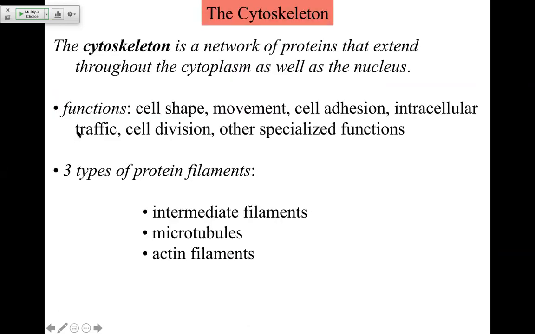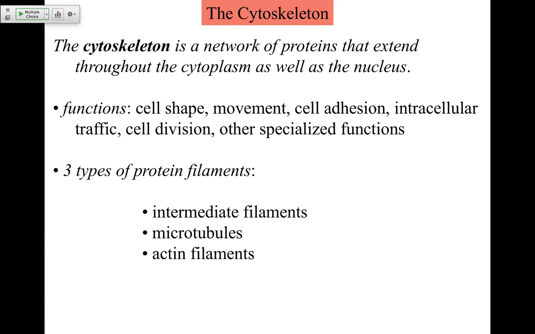As a definition, the cytoskeleton is a network of protein filaments carrying out many different types of roles in the cell, supporting the cell, allowing for movement, allowing cells to adhere to each other, and having roles in cell division as well. We divide them into three categories. The largest filaments are microtubules, largest in diameter, about 25 nanometers.